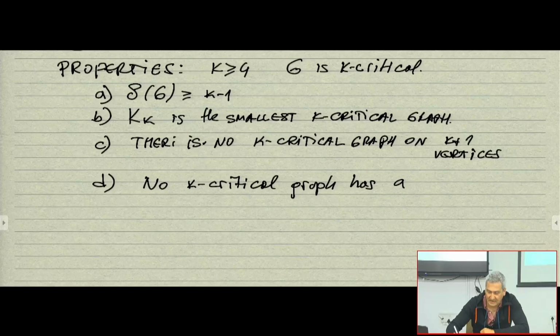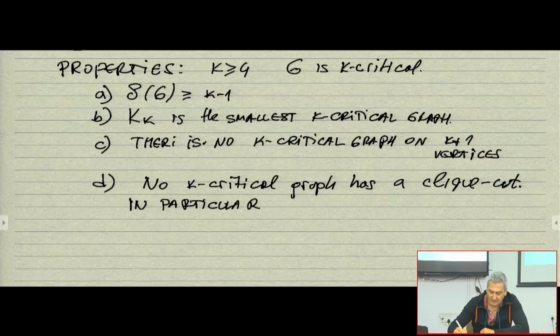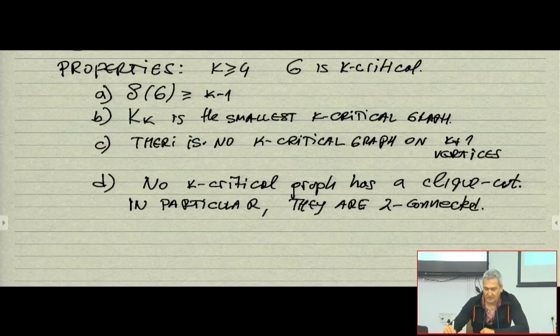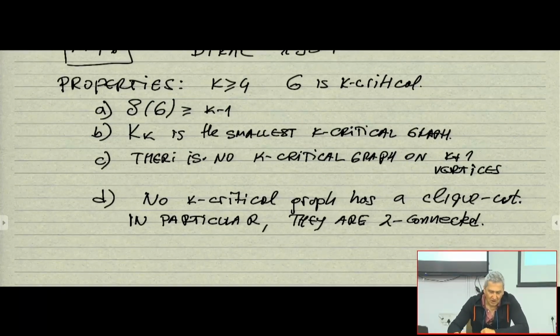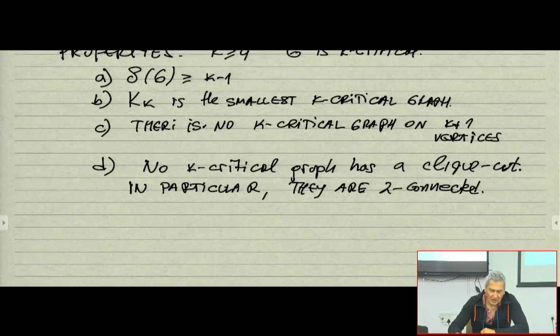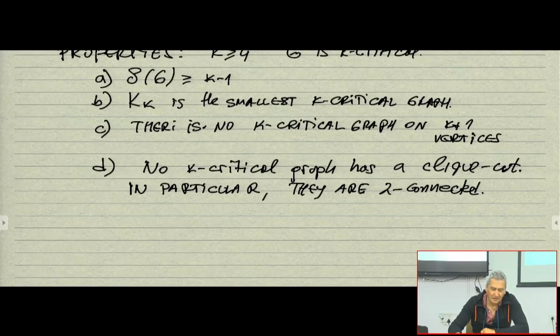We will define what a clique cut is. In particular, they are 2-connected. Here we use that k is at least 3, but we assume that k is at least 4. Okay. Can you help me? We proved A.